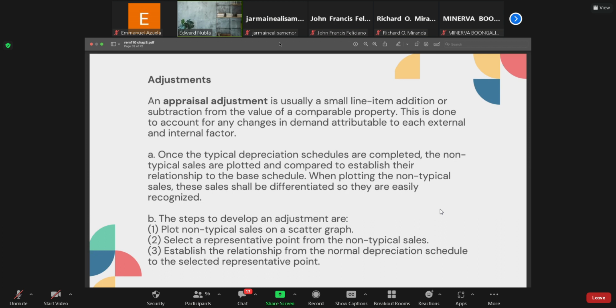Pero sa labas, sa private practice, it's really just an opinion. Yes, sir, thank you. Any more? Continue na pala.